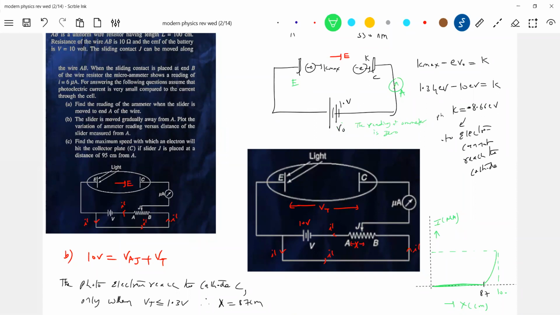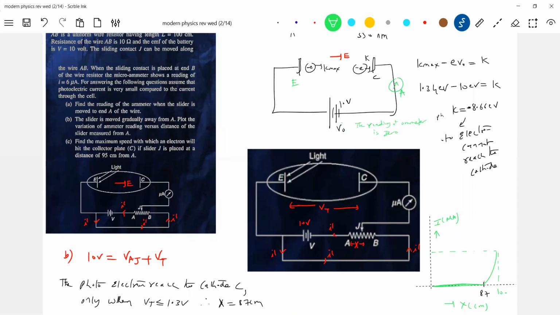Any specific reason? Regarding the cloud, we don't know how many electrons come and strike. So why increasing slope, sir?